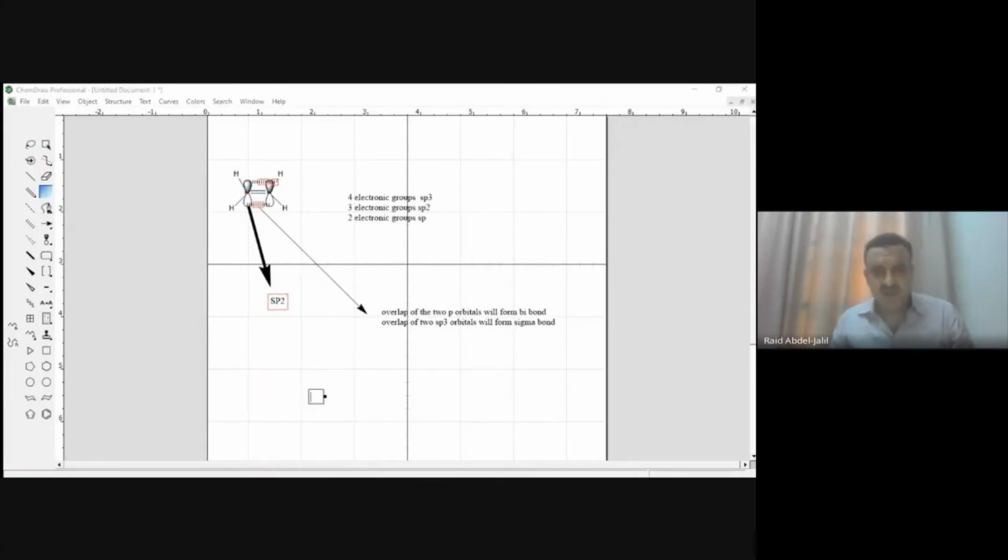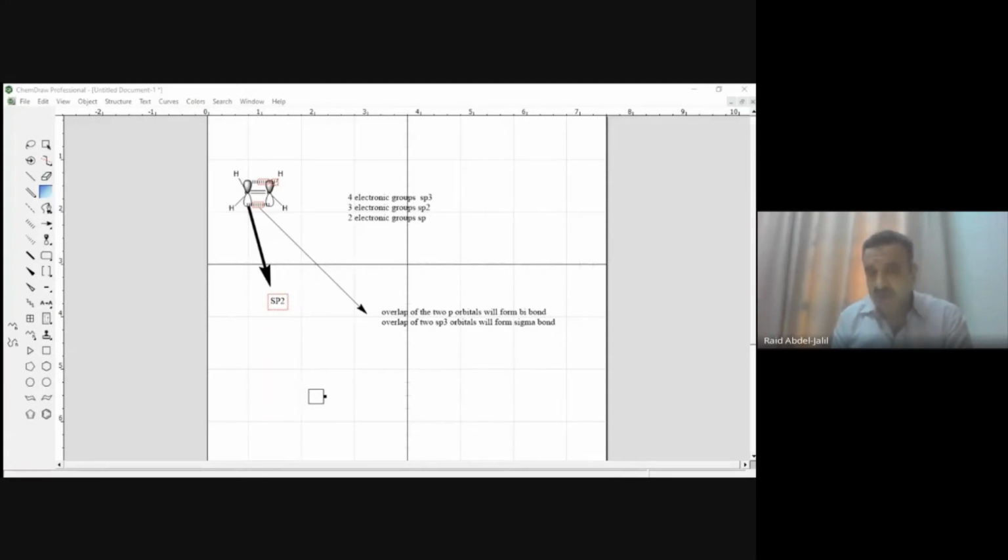So we have two types of bonding here: the overlap between the hybridized orbitals of the two carbons, and then the overlap between the remaining p orbitals on each carbon, which forms a new type of bonding that we call the pi bond.